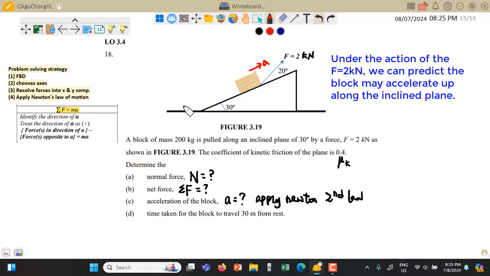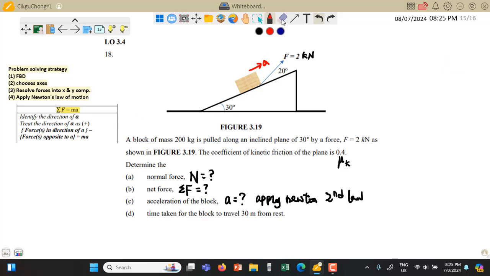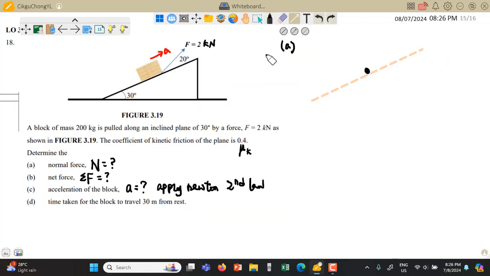So how are we going to solve this question? We are still going to follow the problem solving steps. Start with the FBD, choose our axes and resolve any forces as needed, then only write out our Newton's law equations. So we start with our FBD. The block has mass, so we have weight acting straight downwards.